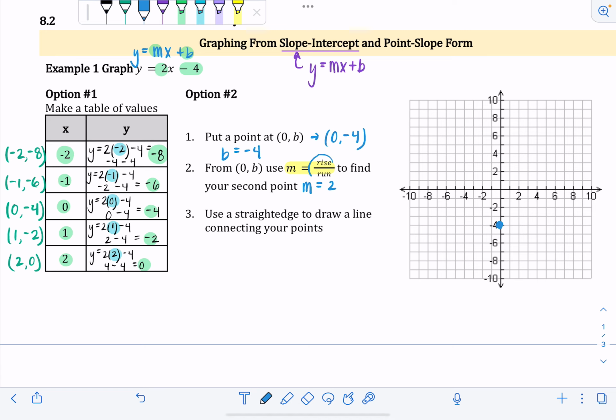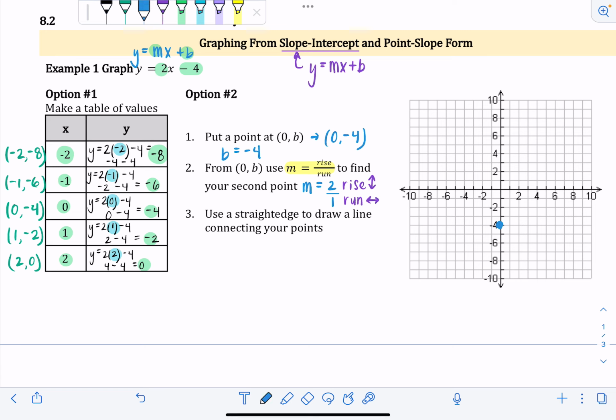But if you look at this rise over run, it's a fraction. So I want to think of my slope, or my m, as a fraction, which would make it 2 over 1. So 2 is my rise, and that's how far we're going up or down. And 1 is my run, which means how far we're going left or right.